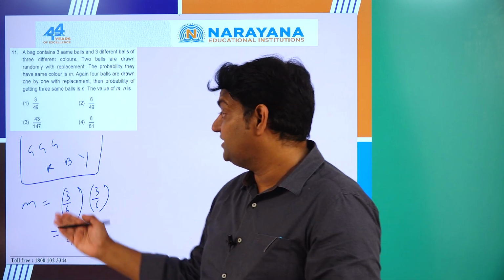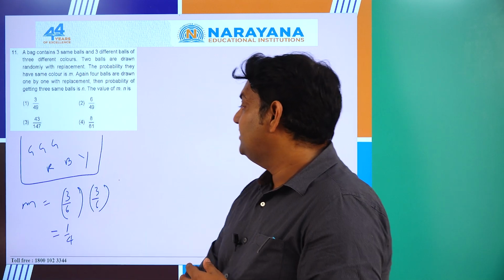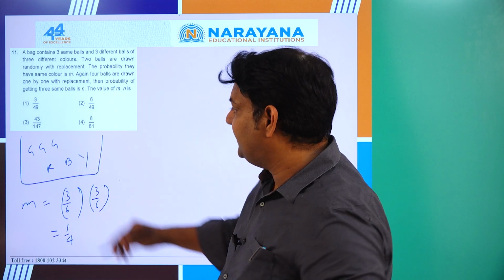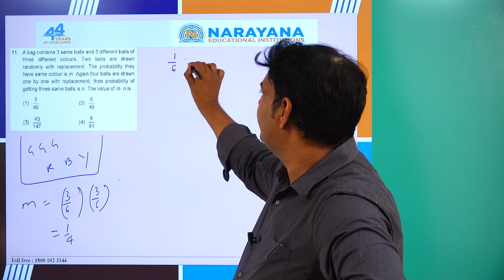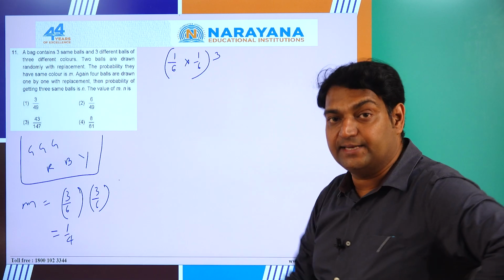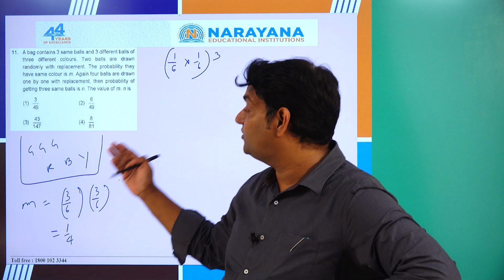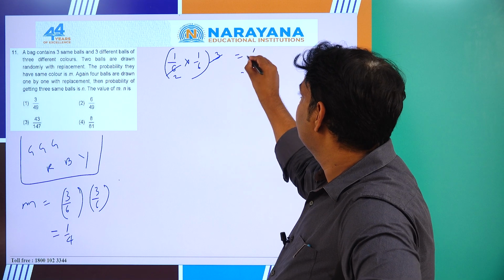But the possibility is there that maybe red will come out, or maybe blue, or maybe yellow. So for that case, red came: one favorable case, total cases 6. Again, one favorable case, total number of cases 6. But this happened how many times? 3 times. Same for blue, same for yellow. 3 ones, 3 twos, 6 twos are 12.